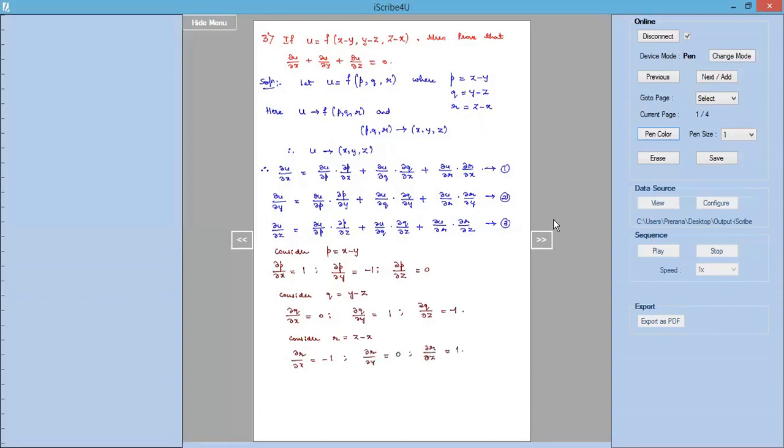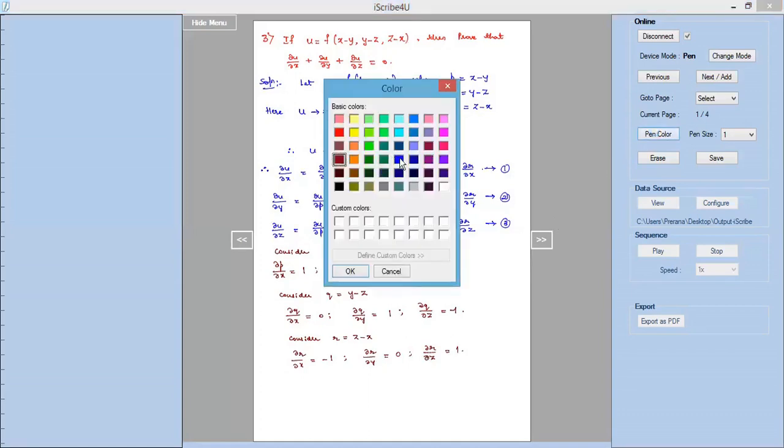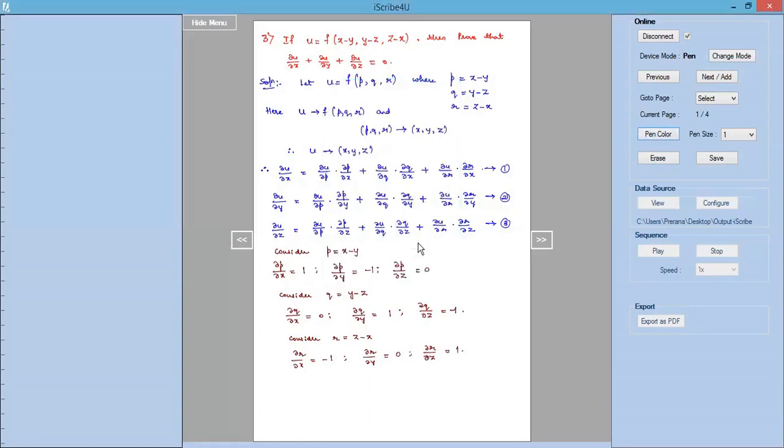Now we substitute all these partial derivatives one by one into equations 1, 2 and 3. So equation 1 implies, we are substituting the partial derivatives.